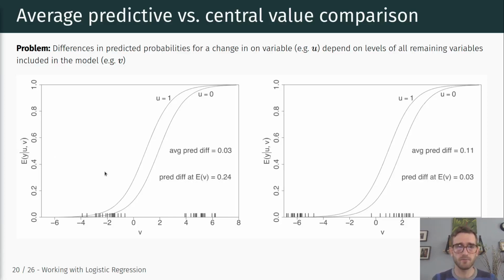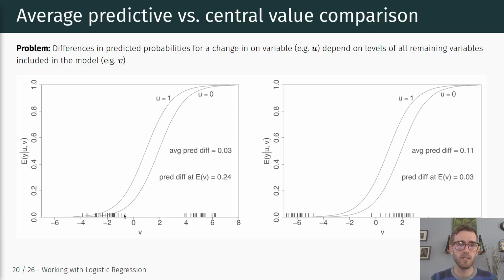Think here of trying to compute the difference in the predicted probability for a change in our variable of interest from u being equal to 0 to u being equal to 1, holding constant our secondary predictor v.